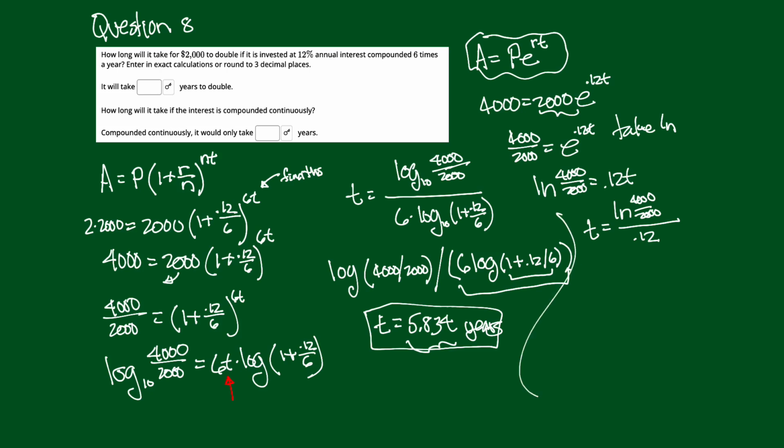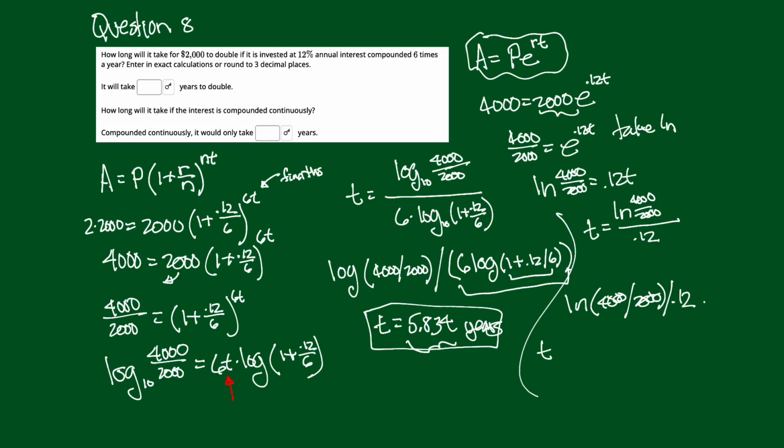So I'm going to type in, press the log key, you get parentheses, put in 4,000 divided by 2,000, okay, and then divide by 0.12. You know what, let me make this just a little bit clearer. I'm not putting in log because I'm using natural log. So here's what I'm going to put in: press the ln key, get parentheses, put in 4,000 divided by 2,000, close, divided by 0.12.